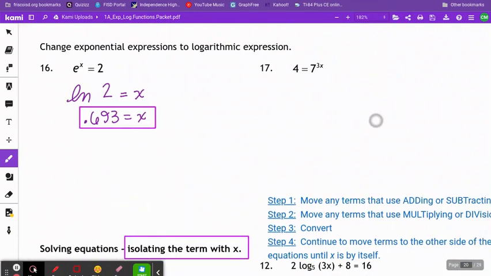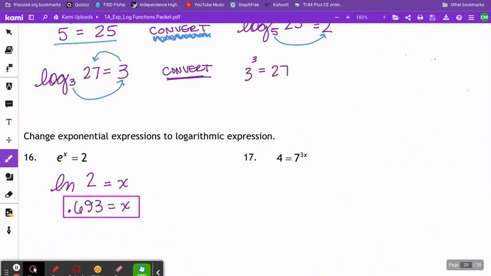For this one, number 17, what I would do here, this is written backwards, and when you're trying to write it into a logarithm, you might find it easier if you just rewrite this the other way. So 7 raised to the 3x equals 4, so that the exponent is actually on the left side.